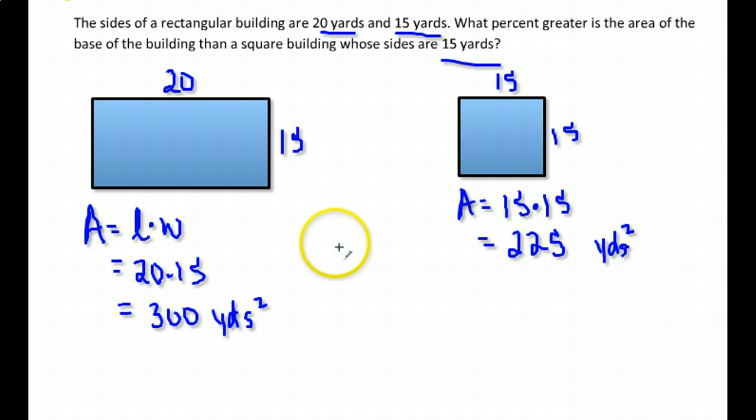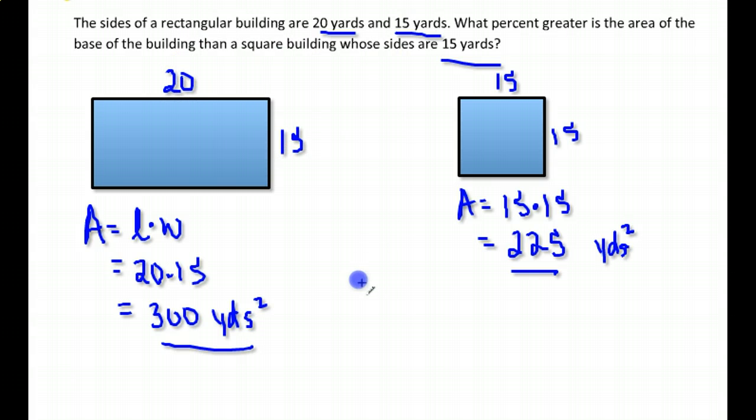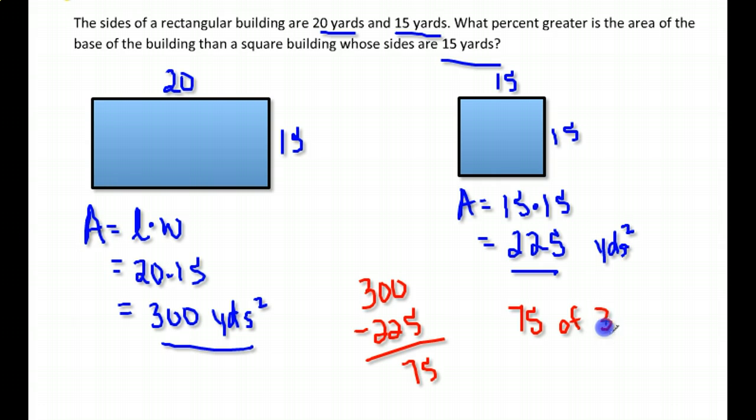Well, in order to find the percent, first we have to know how much bigger the rectangle is than the square. So let's subtract those. 300 minus 225 is 75 square yards. So it's 75 square yards larger. We want to know what percent that is. So what percent is 75 of 300?